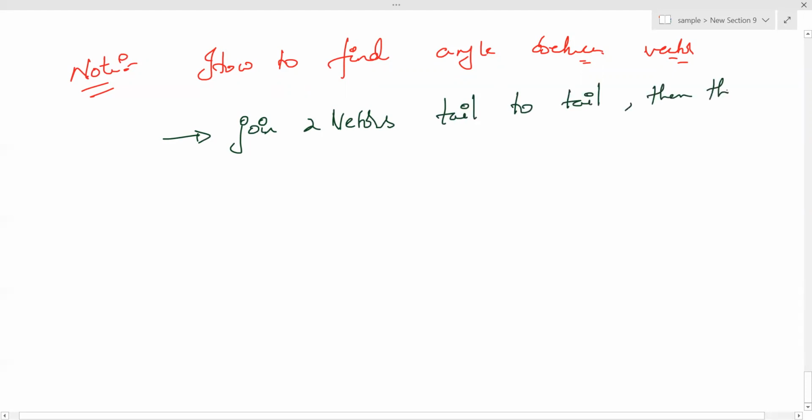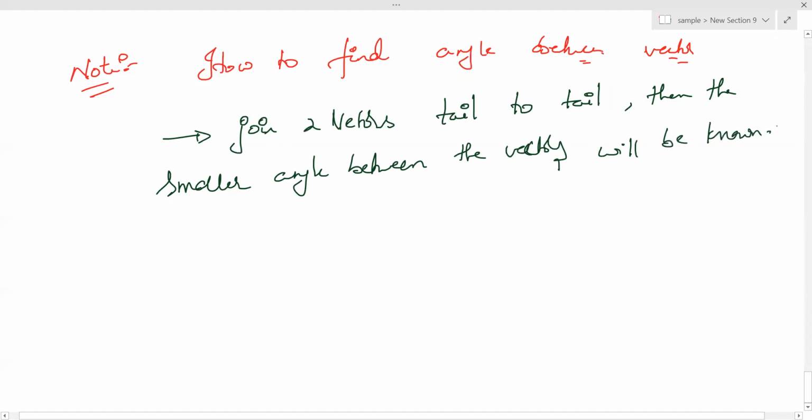Then the smaller angle between the vectors will be known as the angle between the vectors.